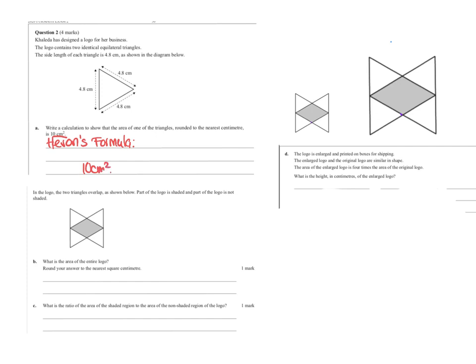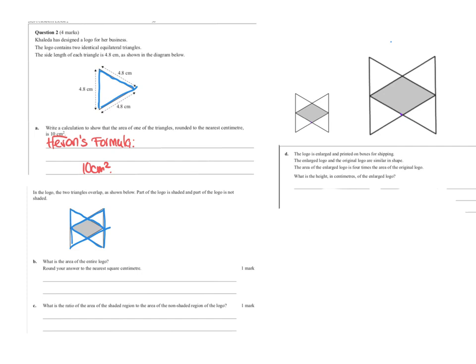All right. In the next bit, it says in the logo, 2 triangles overlap as shown, and part of the logo is shaded and part of the logo is not. What is the area of the entire logo? If you look, what we've got is this original triangle up here, and they've got 2 of them, and they overlap like that.